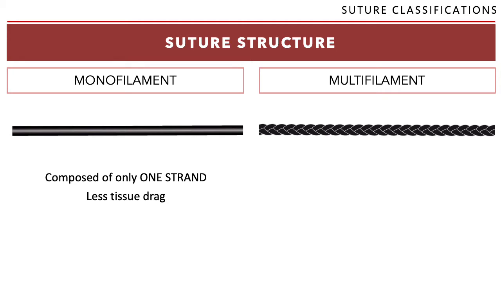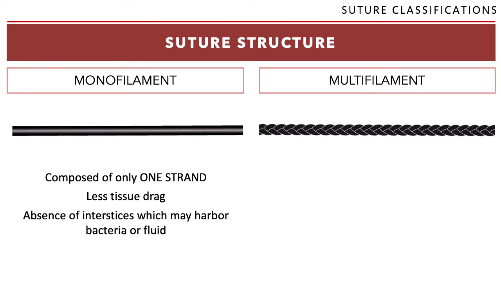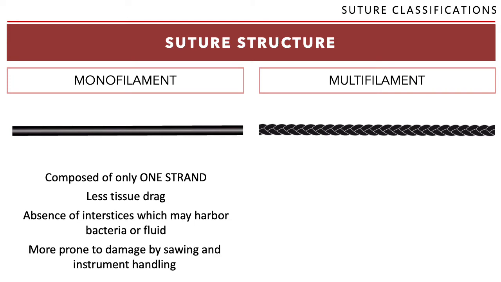The absence of the usual interstices, the area where the different filaments join, that is actually good for harboring bacteria and fluid, is basically absent in a monofilament, which is good. However, this is more prone to damage by sawing and instrument handling.